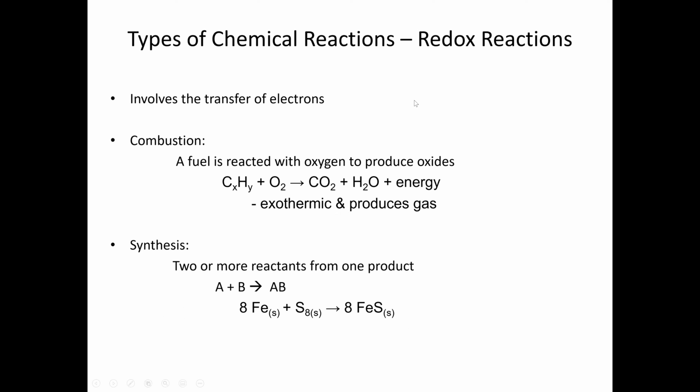Chemical reactions are divided into 2 broad groups, which you'll learn about if you're taking the lecture course. These 2 broad groups are called redox reactions, as shown here. And the other category of chemical reactions are double displacement reactions.